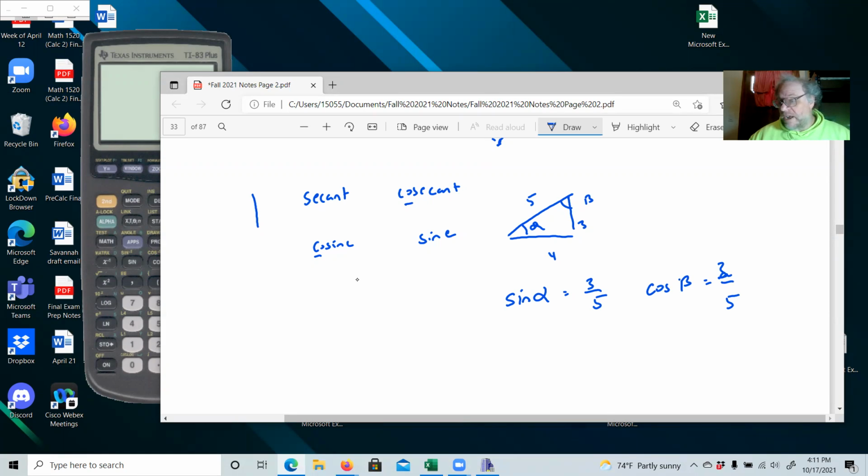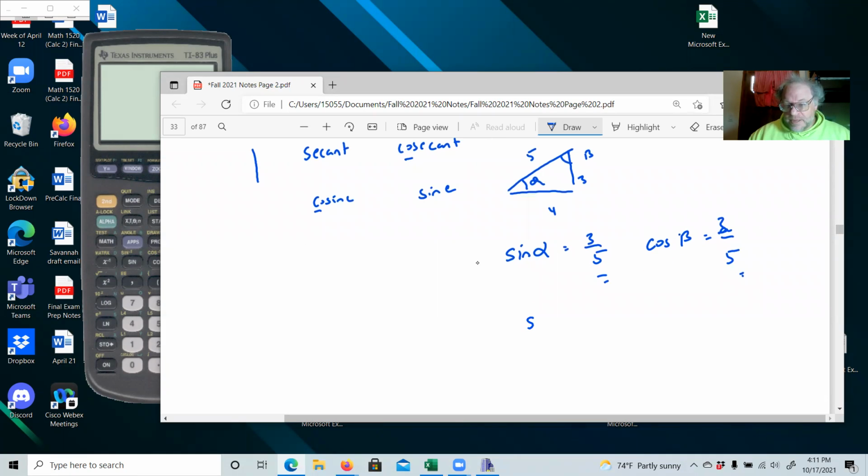The sine and the cosine are the same ratio. Same thing with the secant of alpha, that's the hypotenuse over the adjacent. And if I look at the cosecant of beta, that is the hypotenuse over the opposite. So that's 5/4.